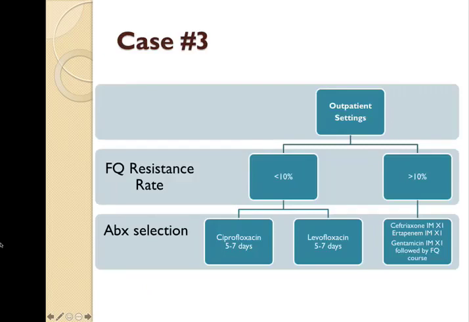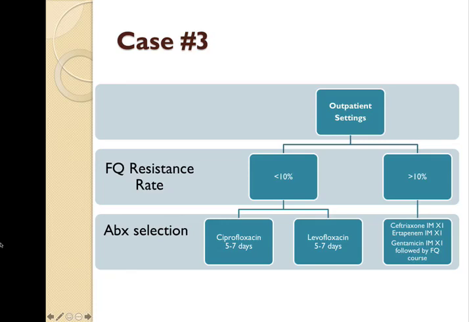In the outpatient setting, even patients with pyelonephritis sometimes can be treated as outpatients. If they are stable and do not have concerning findings that would require admission, potentially those patients can be managed as outpatients.